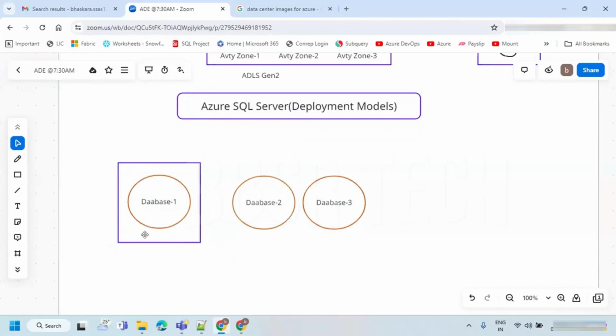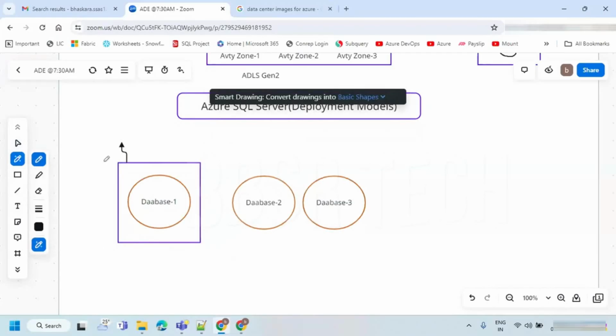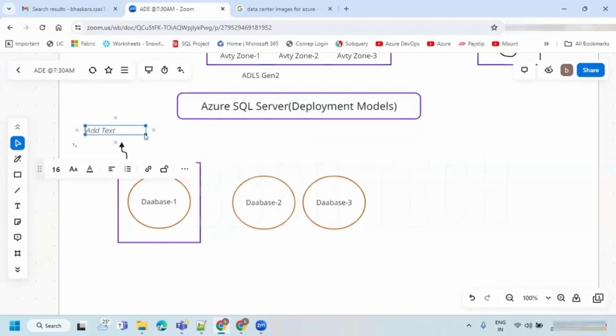So this is a single database. Here I have a single database only. I have only one database.